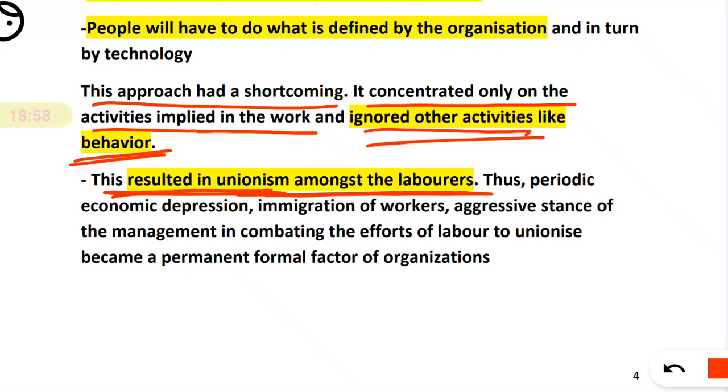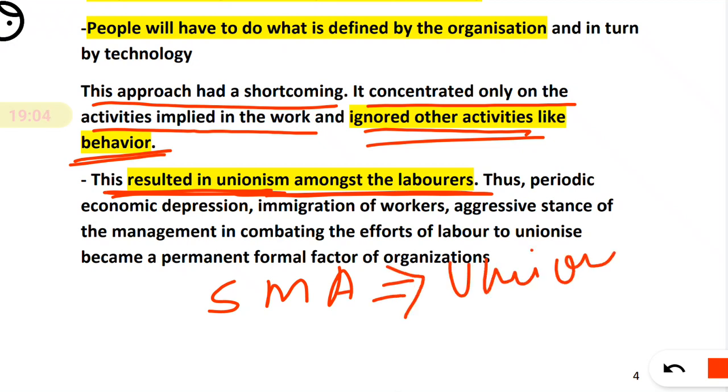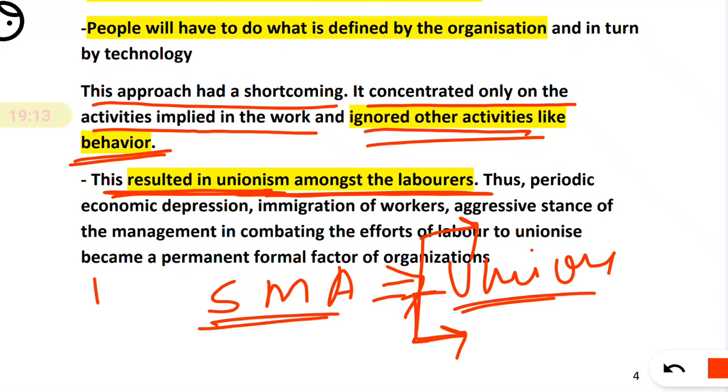Remember, the scientific management approach resulted in unionism. That means unions started forming. People became aware of their working conditions, and because in the scientific management approach the working conditions are completely ignored, that's why unionism resulted among the labor.